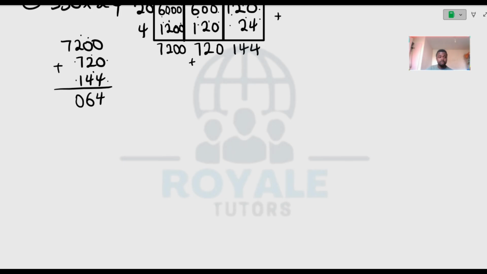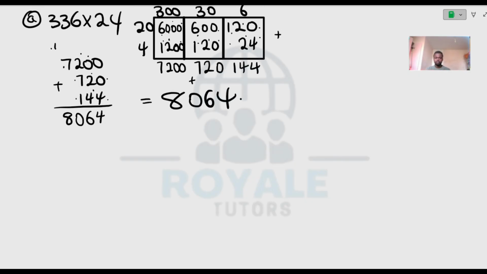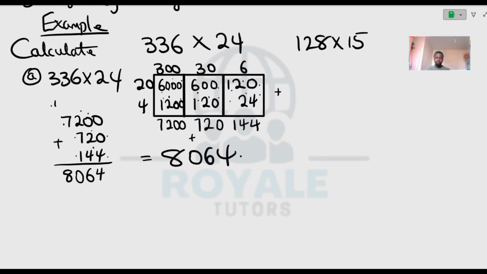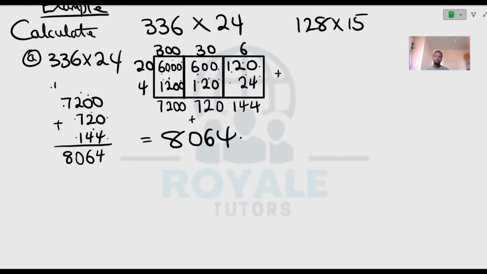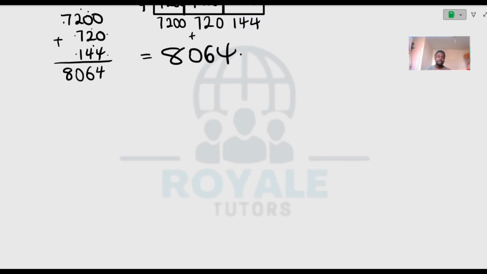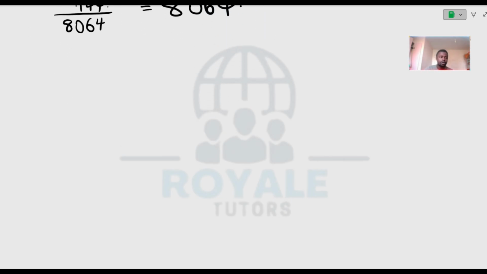So you write 0, then we keep 1. Then you do 1 plus 7, that makes it 8. That means the multiplication is 8,064. So 336 multiplied by 24 is 8,064.